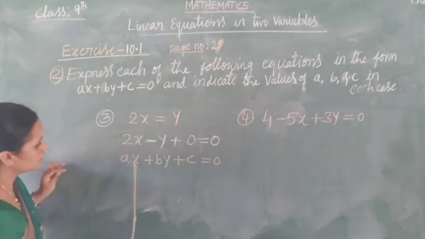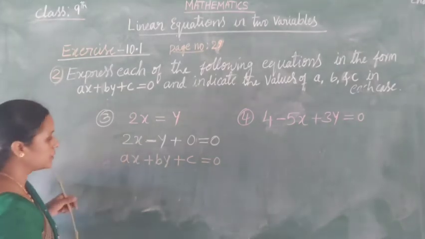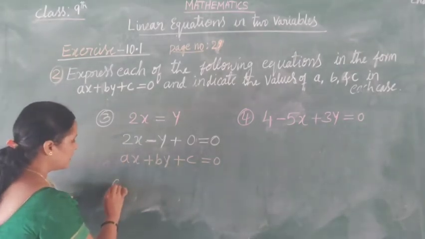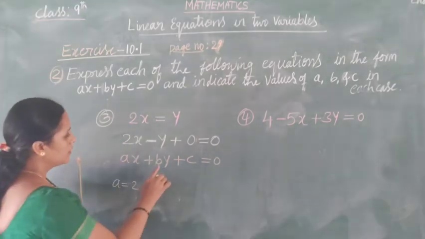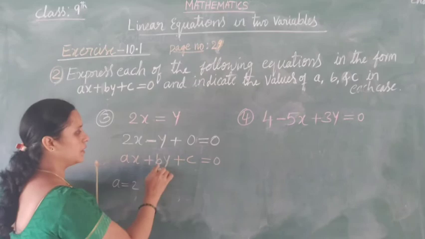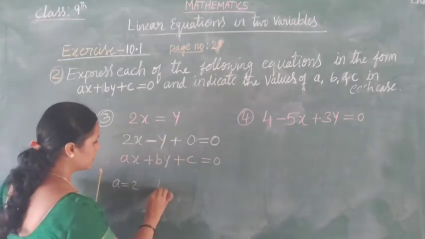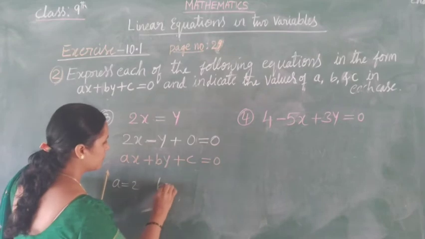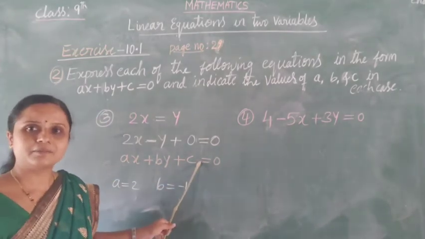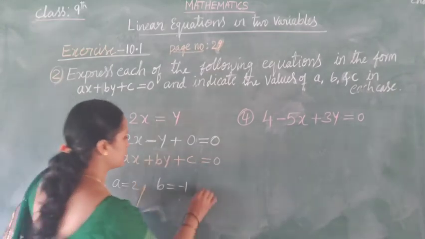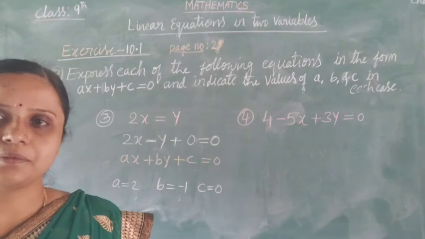The coefficient of x is a, the coefficient of x is 2. So write a equal to 2. Here the coefficient of y is b, the coefficient of y is minus 1. So write b equal to minus 1. What is the value of c here? The value of c equal to 0.